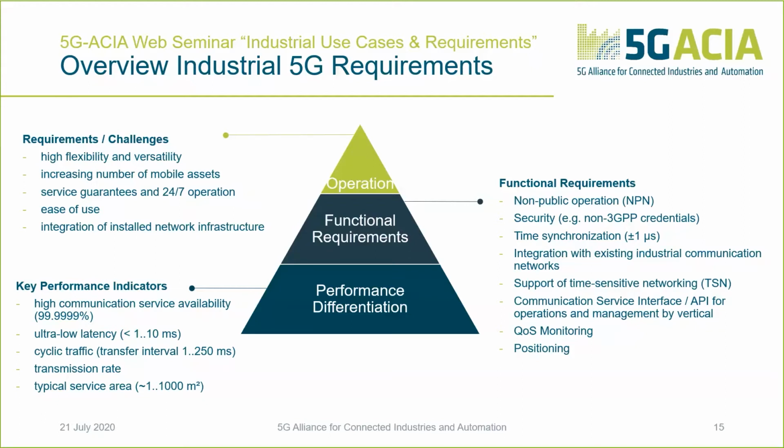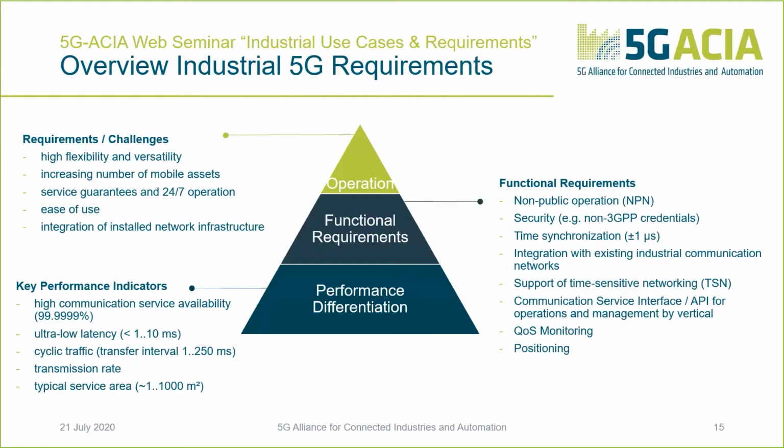Example functional requirements are how to utilize the non-public network, specific security demands, integration with the time-sensitive network, positioning capabilities, and so on. The third dimension is about system operation and management.